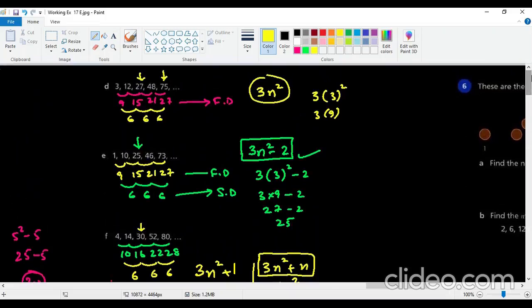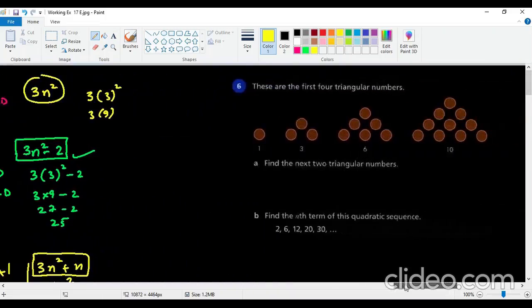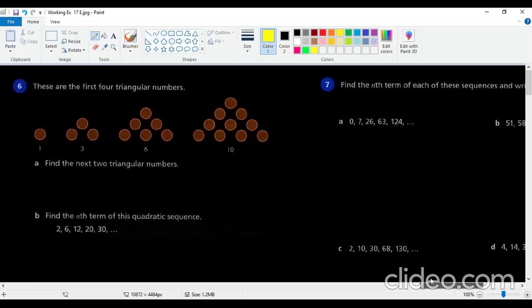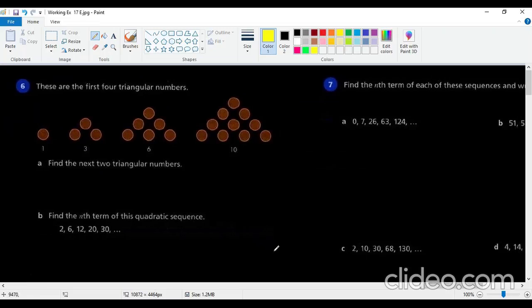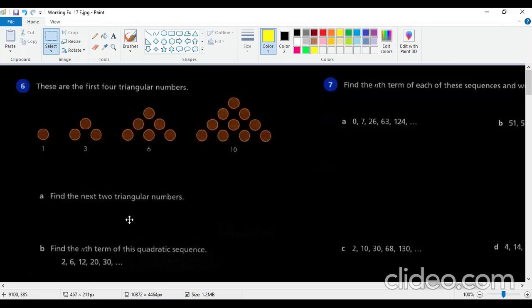Moving on to the next question, which is question number 6. As you can see, these are the first four triangular numbers 1, 3, 6, and 10. And let's see what the difference between them is.